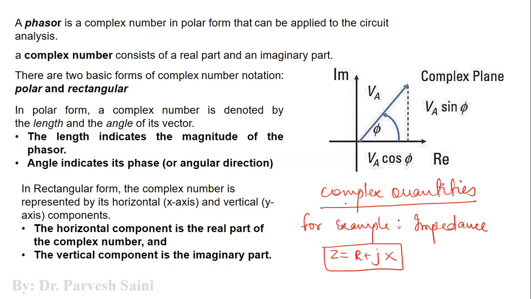That is why we are studying this particular topic. Okay, so a phasor, which is a complex number, has a real part and an imaginary part. So there are two ways by which we can represent a complex number. One is the polar representation, and the second one is the rectangular representation. So this is basically the rectangular representation.